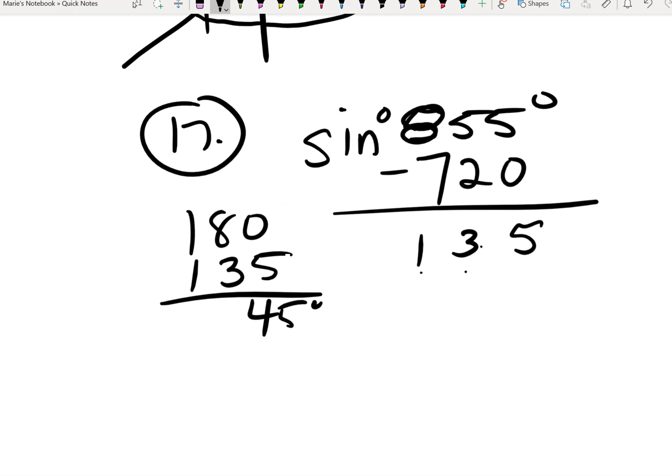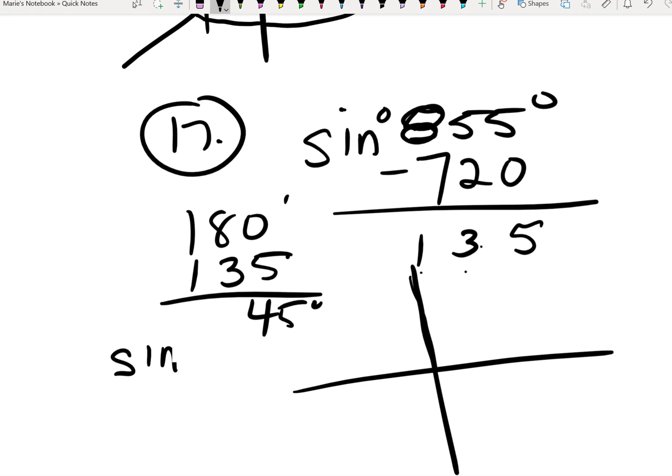Okay, in this case, you should end up with a 45 degree triangle. It is also a sine angle. So we know that sine in this case is simply going to be y over r, and we should end up with 1 over square root of 2 for the angle.